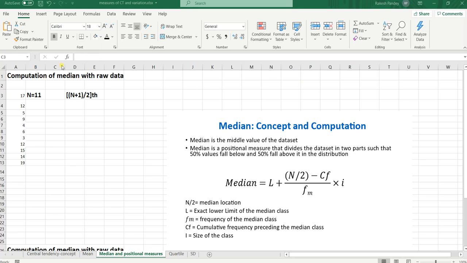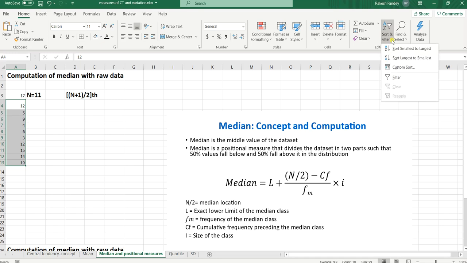Now let us see this data set. I have collected information from 11 participants, say 11 individuals, and these are the scores. If we wish to compute median, the first step is to arrange this in ascending or descending order.